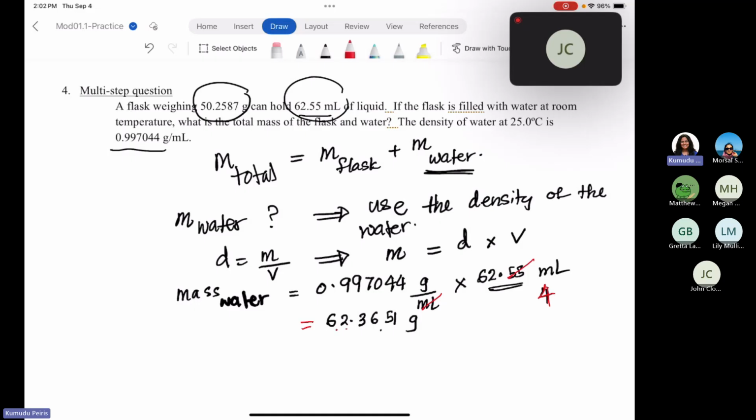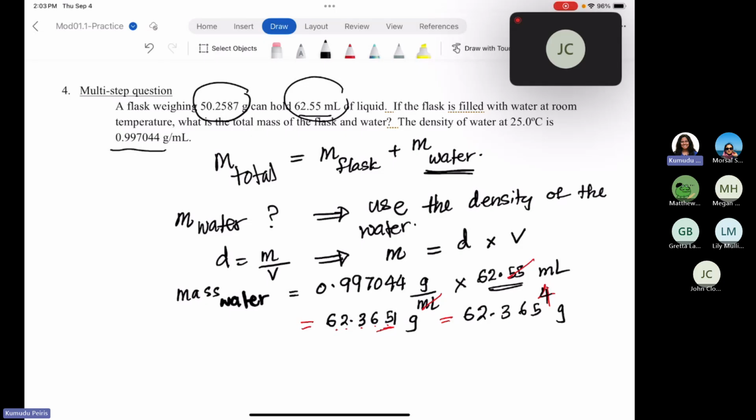So 1, 2, 3, 4, 5. I'll keep it to the number 5 here. If you are not asking questions, can you please mute your microphone? Thank you. The answer will be 62.365. I'll keep it like that.